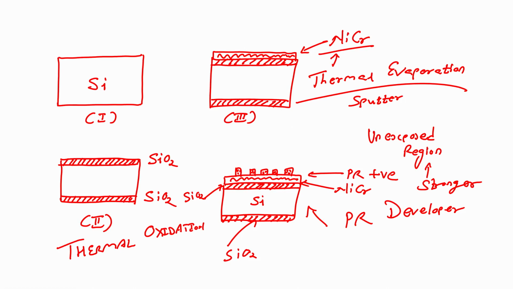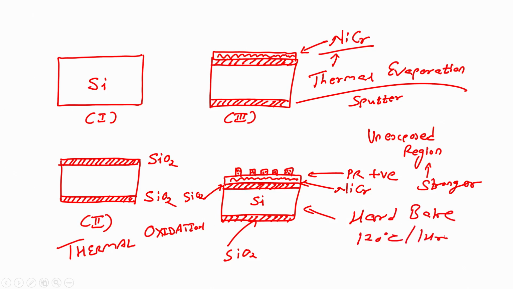Now, after this I will perform a hard bake. Hard bake is done at 120 degrees for 1 hour. After this I will dip this wafer in nichrome etchant.